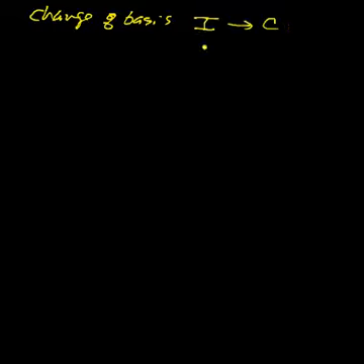Now I'm going to introduce the change of basis from I to C. In other words, if I have a vector x, sometimes I put a bar to denote a vector.